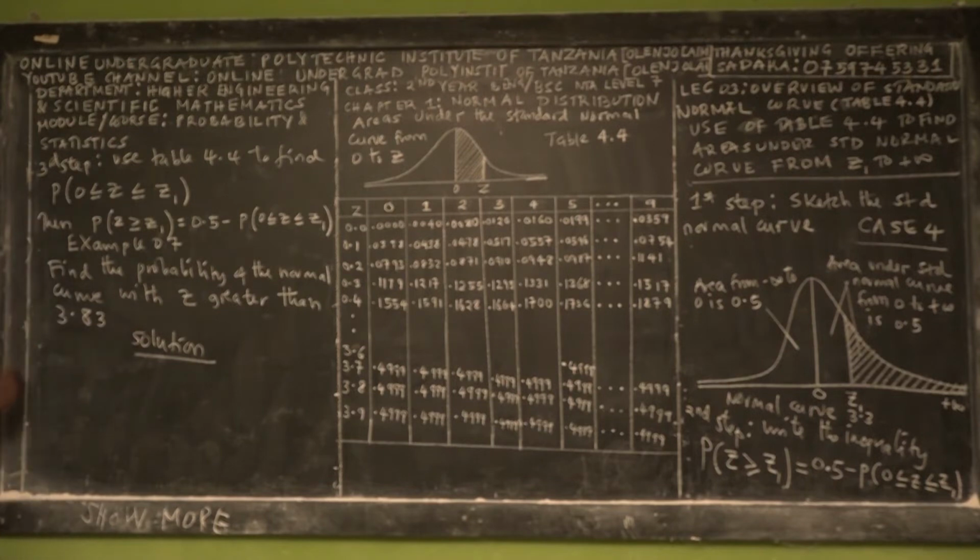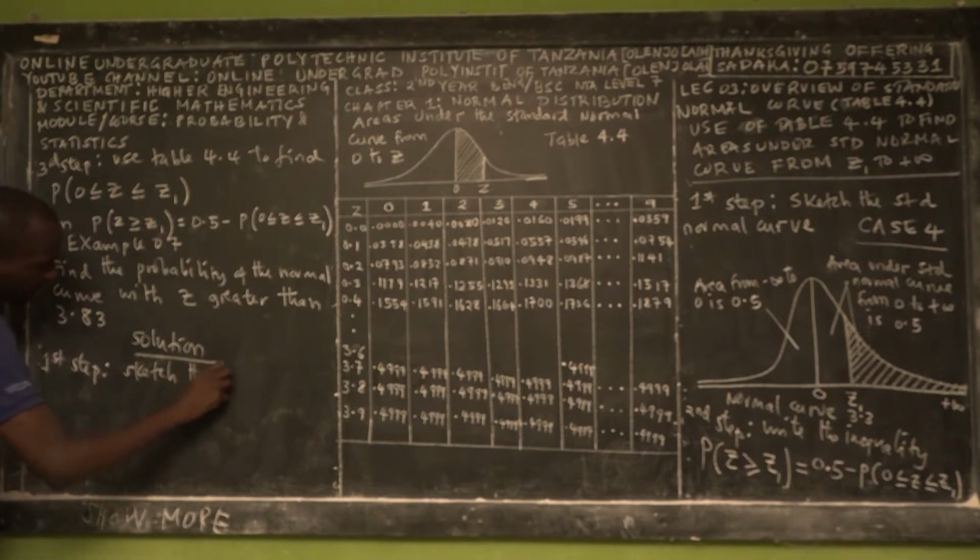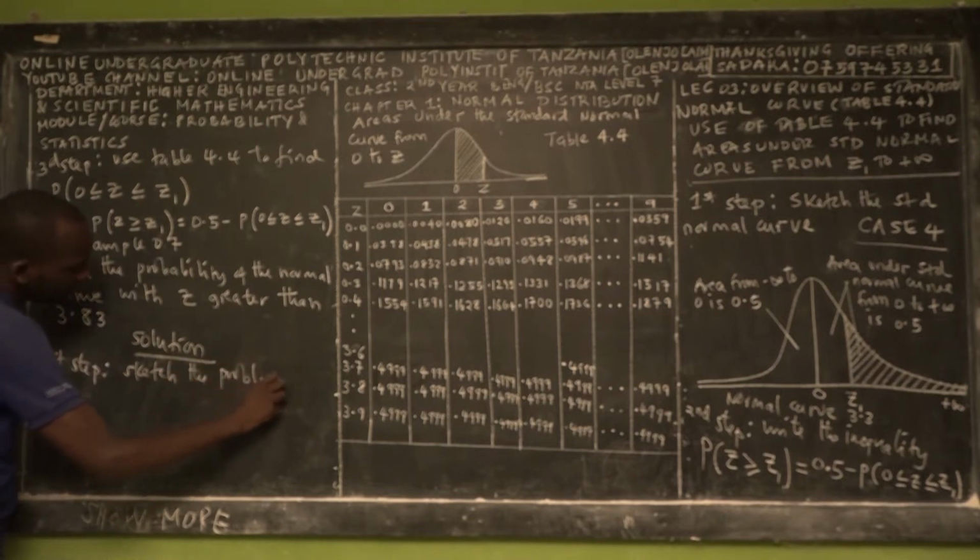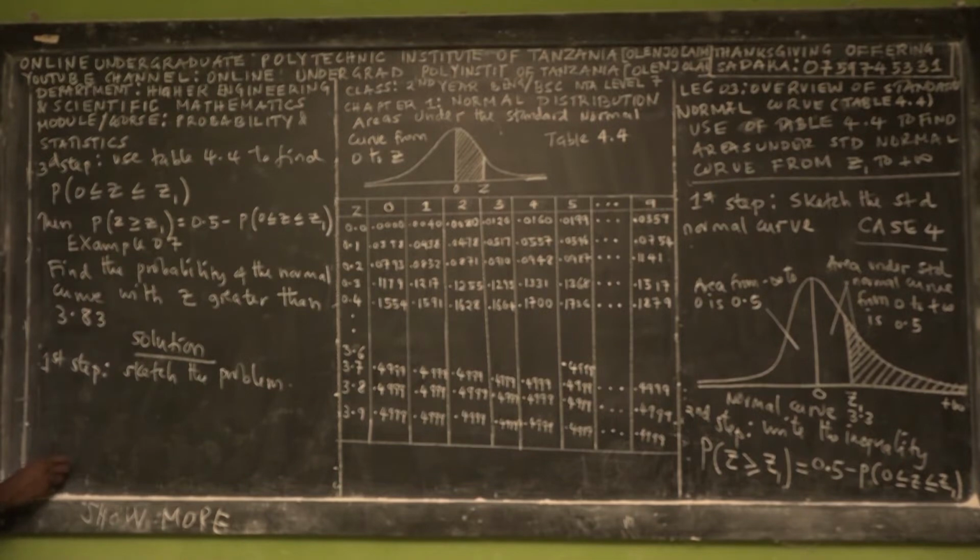Solution. The best way to solve this problem is to follow the steps. This is all about case 4. The first step, we have to sketch the problem on a normal curve.